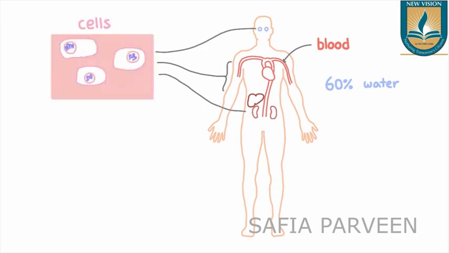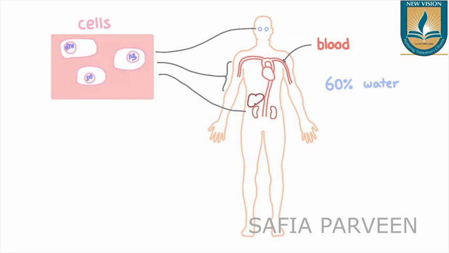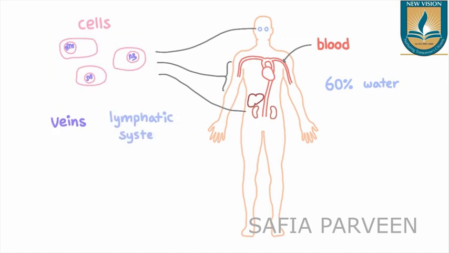This liquid that is accumulated between the cells is called lymph, I told you already, and this needs to enter back into veins through the lymphatic system. If this extra fluid is not removed, it gets accumulated inside the cells.